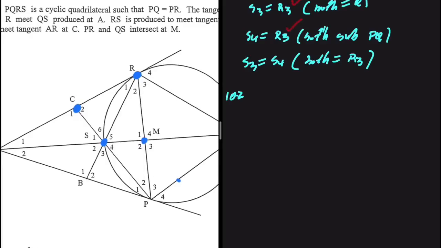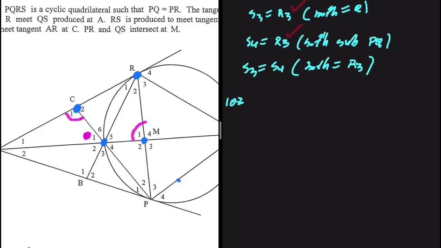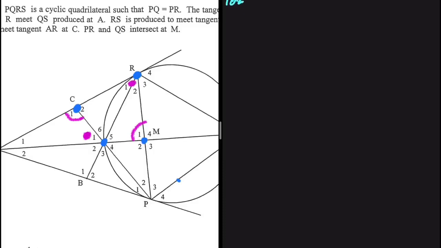If SMRC is a cyclic quad, then this angle C1 should be equal to the angle M1, okay? Exterior is equal to interior opposite, right? And then this angle S1 should be equal to angle R1 plus angle R2.